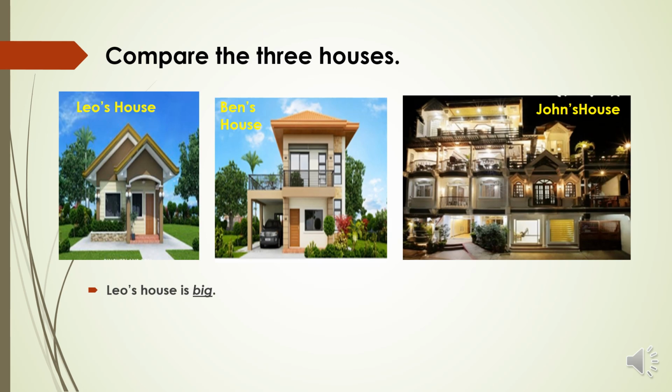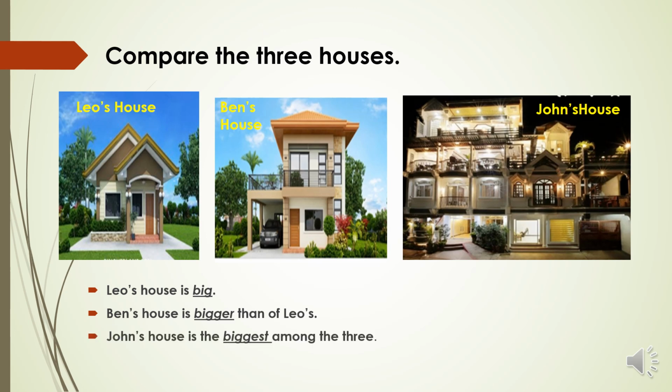Leo's house is big. Ben's house is bigger than Leo's. Jan's house is the biggest among the three. The words big, bigger, and biggest are adjectives that describe the three houses according to their size.